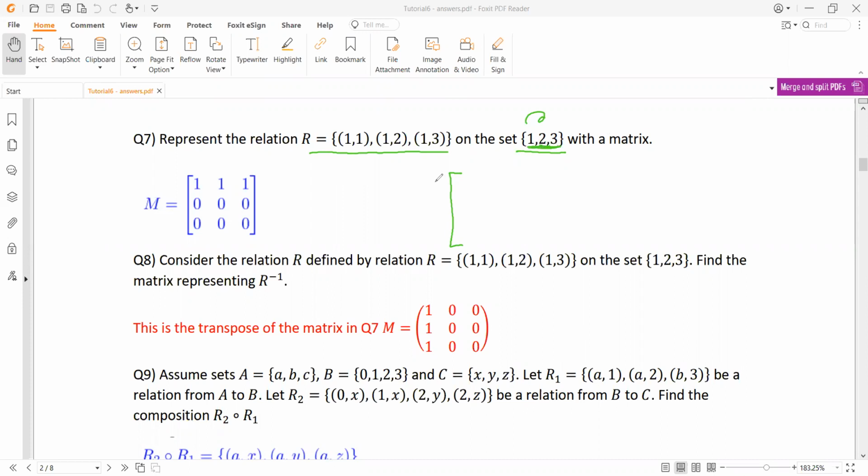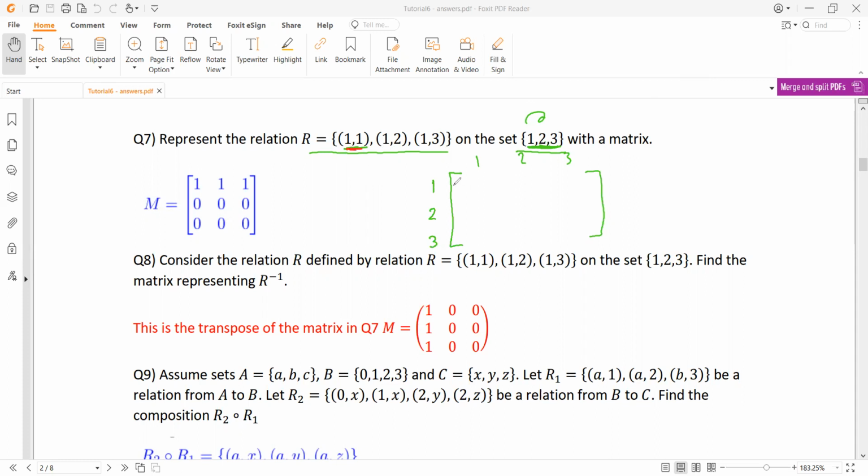Because here I have 3 elements, it will be of dimension 3 times 3, 3 rows, 3 columns. I'm going to list 1, 2, 3 here as rows, 1, 2, 3 as columns. And for every pair, if it exists, I'm going to represent the intersection as 1. If it doesn't exist, I'm going to represent the intersection as 0.